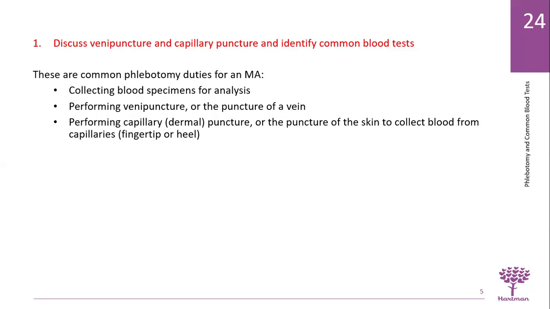So please note that you will collect blood from venipunctures, that's going through the vein. But you will also collect blood from puncturing the finger, usually the third middle finger. In an infant, you'll collect blood from their heel, and that's also through capillary, also what we call dermal.